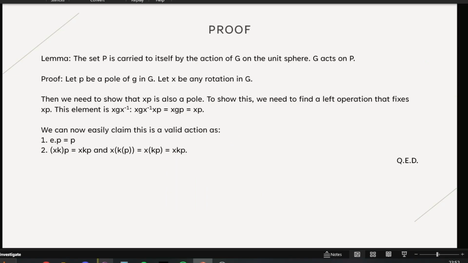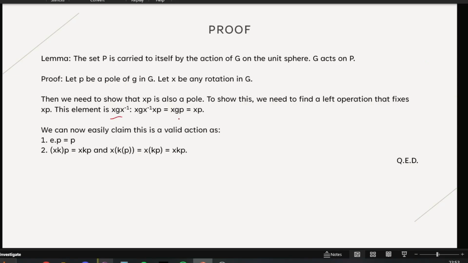It is very easy to see that when G acts on capital P, the set of poles, it is a valid group action. To prove this, we just have to show that if we have some pole P, and any other group element acts on it, the result is also a pole. The element X G X inverse will fix XP.